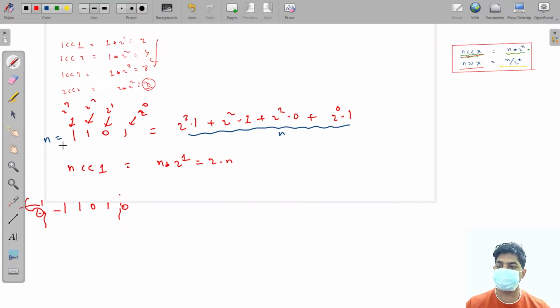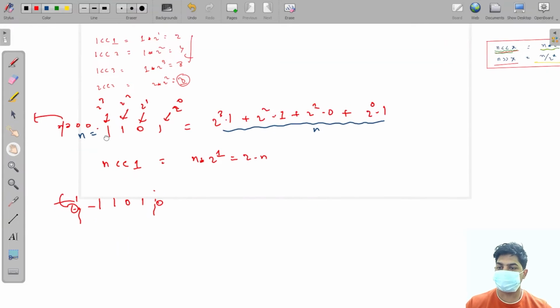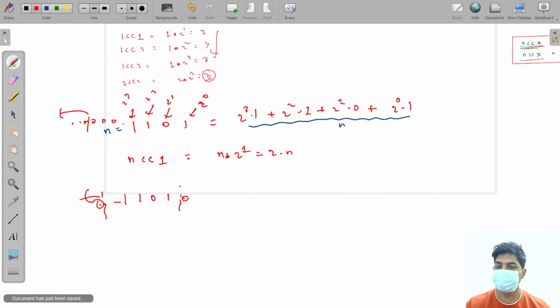This is a 32-bit number. After these 4 bits, all the remaining bits are 0, and I have not written those bits. When we perform a left shift, the last bit will be discarded from here and a new 0 bit will be added from the back.